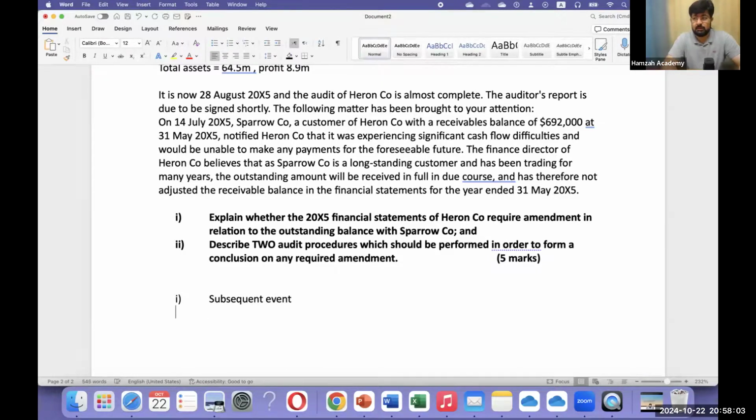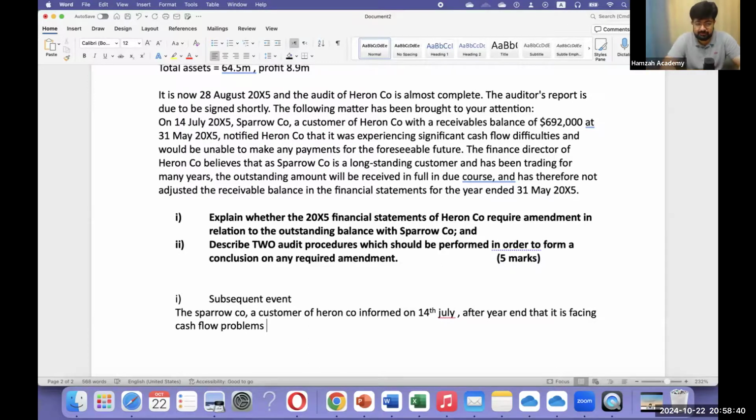Answer: The Sparrow Company, a customer of Heron Company, informed on 14th July, after year end, that it is facing cash flow problems and is unable to pay for the foreseeable future the due balance of 692,000.